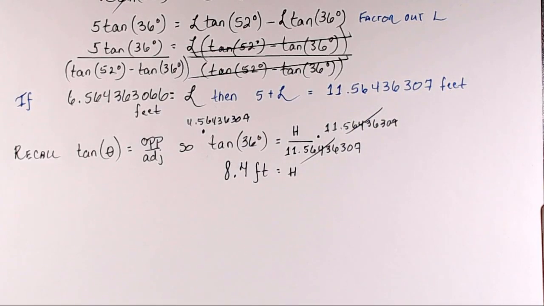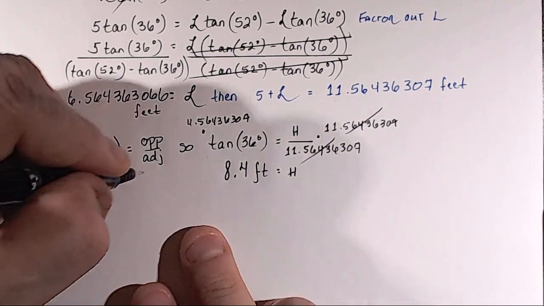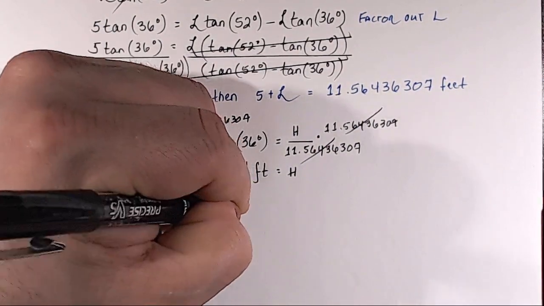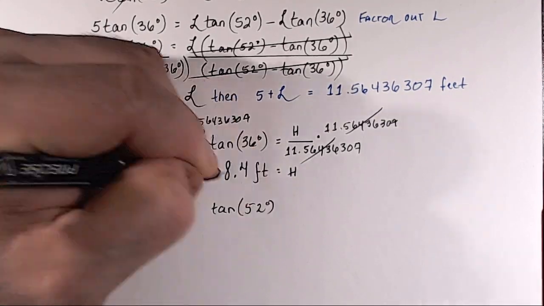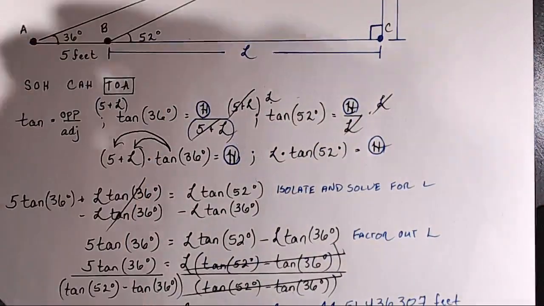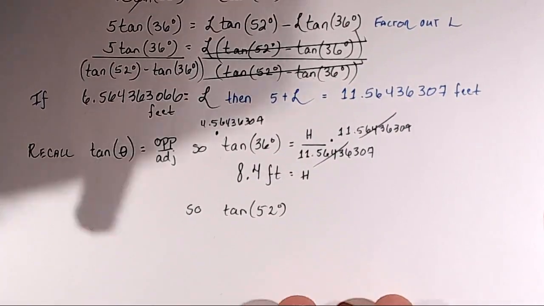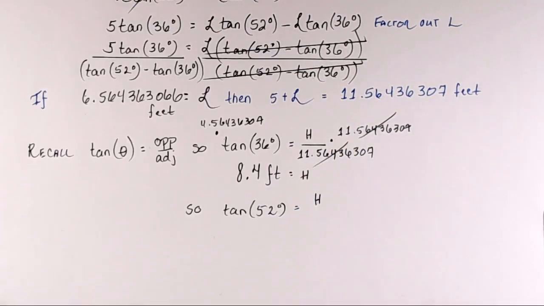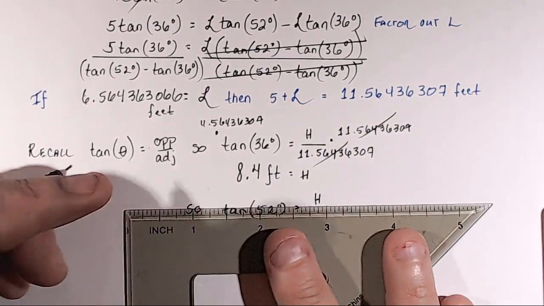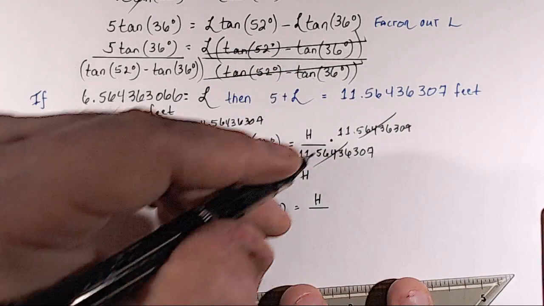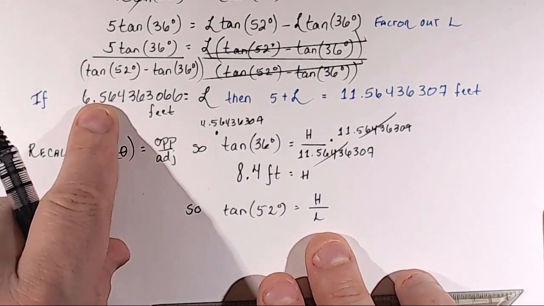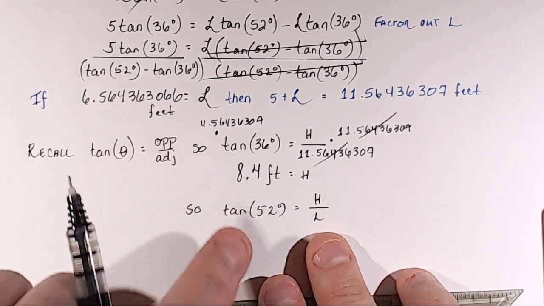Now we can verify that, because it should also be that tan of 52 degrees, that's the other angle, okay, tan of 52 degrees is equal to H opposite over adjacent, H over L. Okay. We know what L is. L is 6.564 whatever.